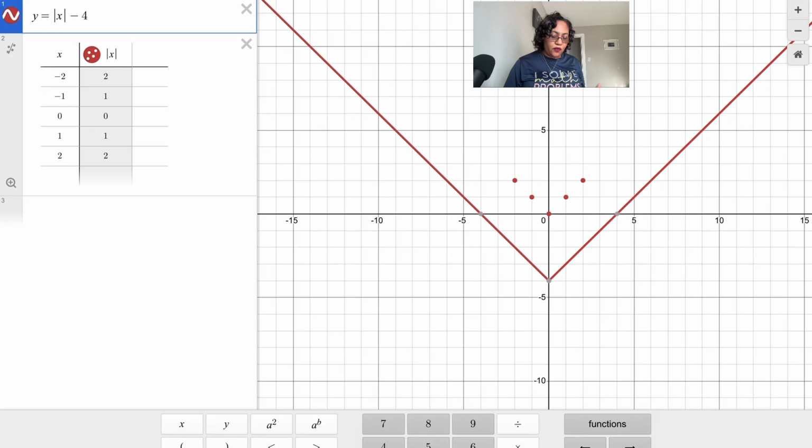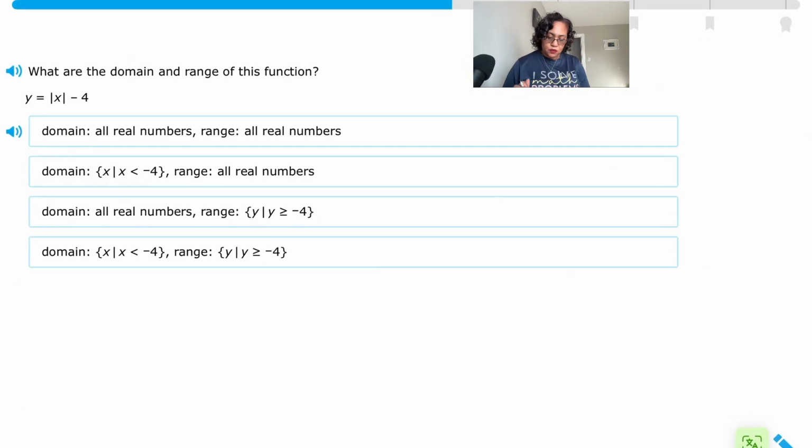So all you did was move it down. So do you see the old dots are there? All we did was shift this function down. So now we're starting at -4 as opposed to 0. That's it. So the domain is all real numbers. I can plug in any x value and it doesn't matter. And then the range is going to be starting at -4. So it'll be this.